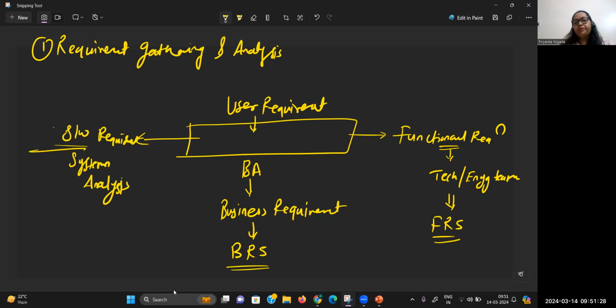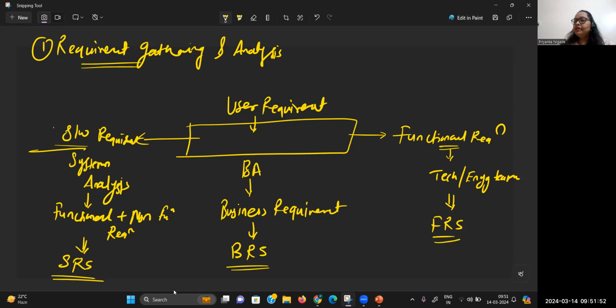These software requirements actually include both functional plus non-functional requirements. Based on functional and non-functional, they are responsible to prepare a document called the system requirement specification document.